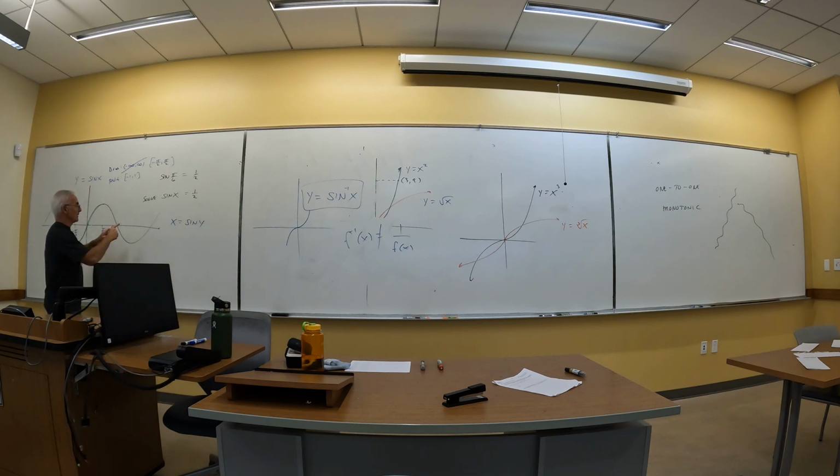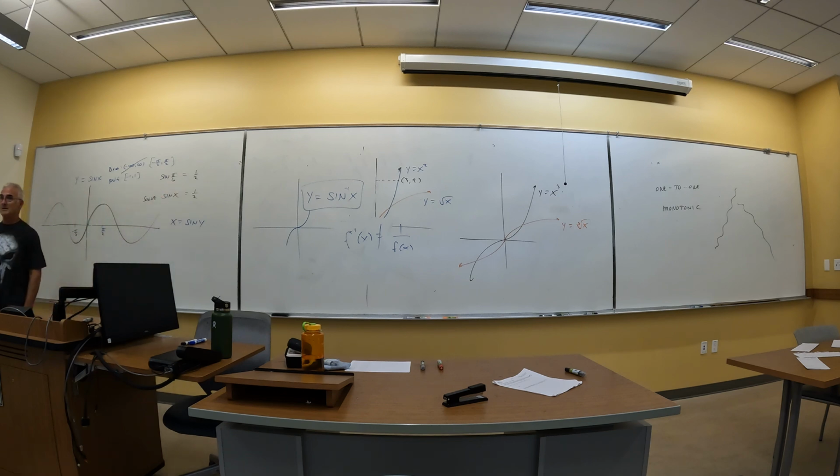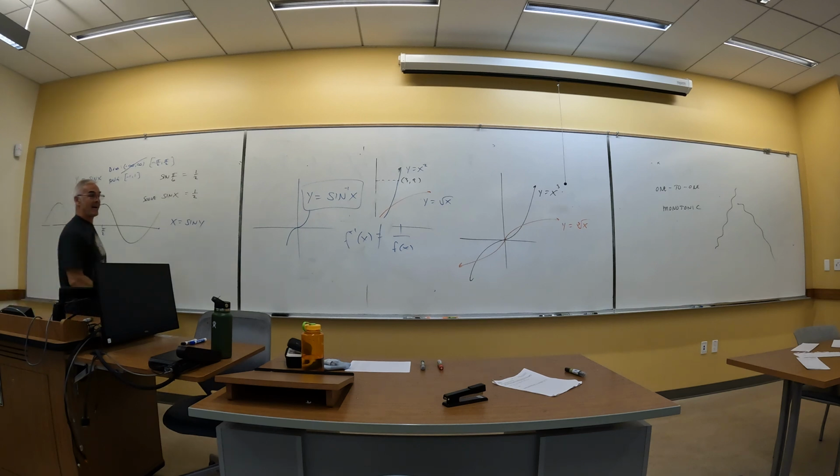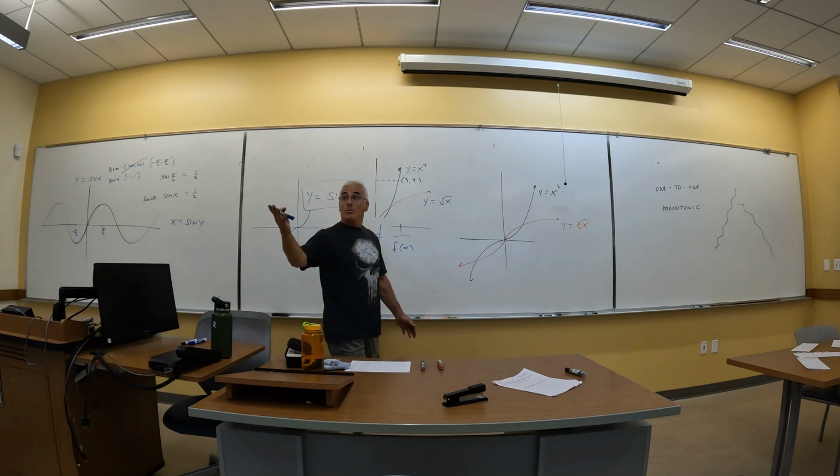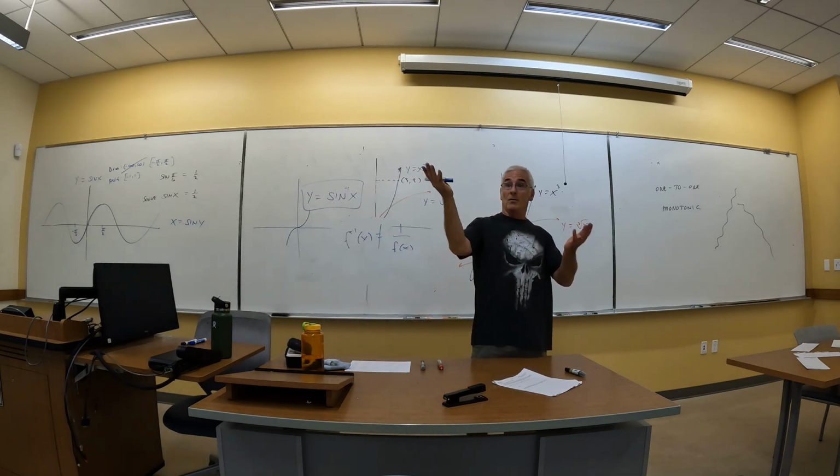Now, let's go back to here. When I'm doing the sine function, what am I inputting? Sine of pi over 6. What am I inputting? What is pi over 6? It's an angle. What am I outputting? The coordinate, or simply the ratio of something.